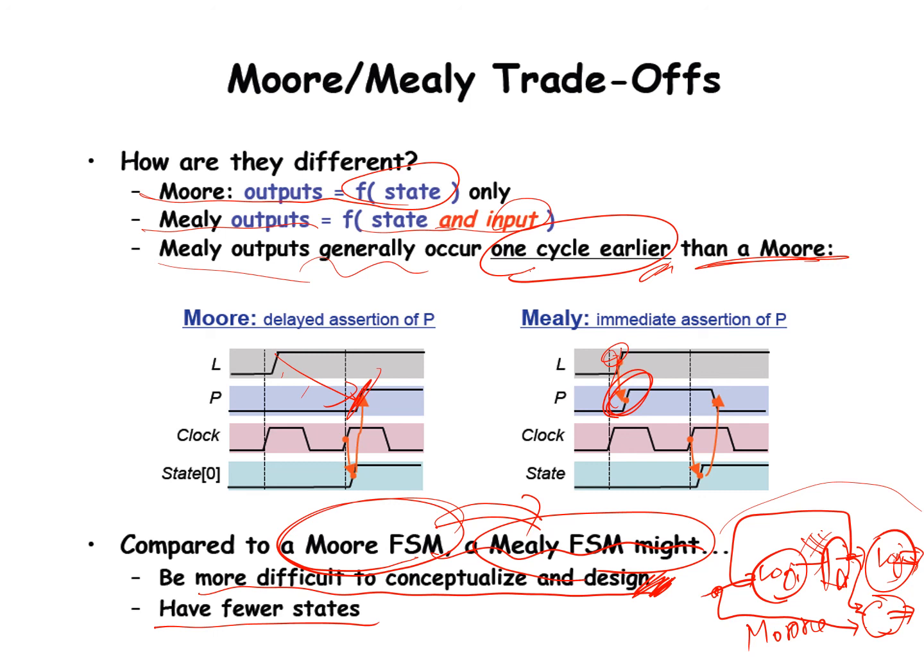But if you start with the Mealy machine style first, then it will be difficult to expand it to the Moore machine style because the Mealy machine has fewer states, right? It's difficult to conceptualize. So normally it will be a bad idea to transition from Mealy to Moore, right? So I would recommend you start with the Moore machine, and then if you really need a faster response for an urgent need, you consider Mealy by adding some path there.